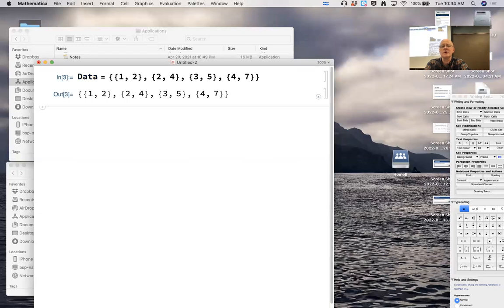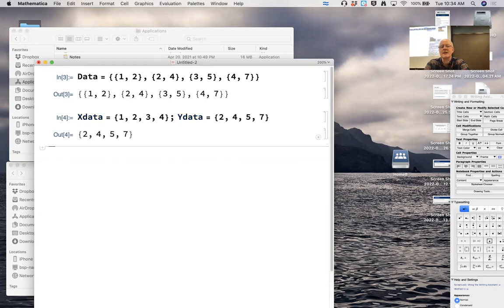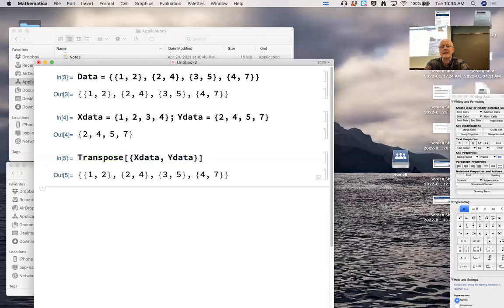That's the quickest thing to do. You could also do X data, 1, 2, 3, 4, Y data, 2, 4, 5, 7, and then you could combine those and transpose the resulting matrix like this. Will give you the same thing that I typed into data.